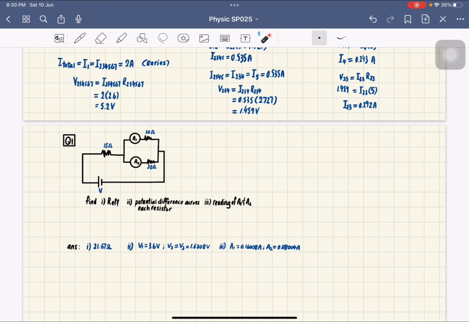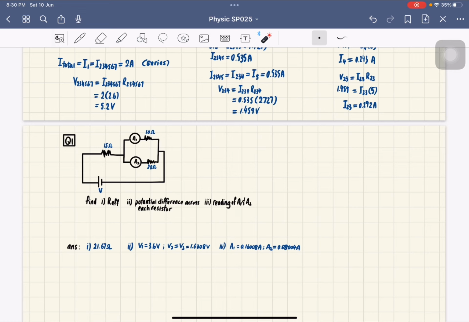Before we end this video, I'll give you a sample question. So first we analyze how the resistors are arranged in which circuits. For sure, the 10 ohm resistor and the 20 ohm resistor are arranged in parallel since they are present at junctions.